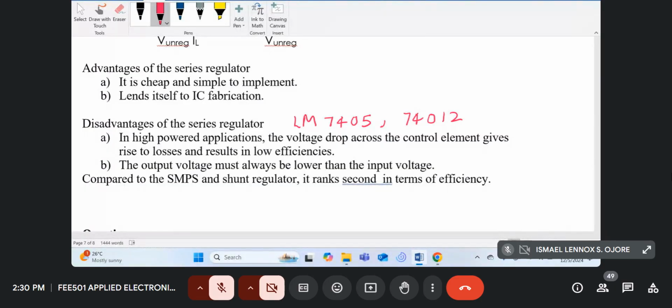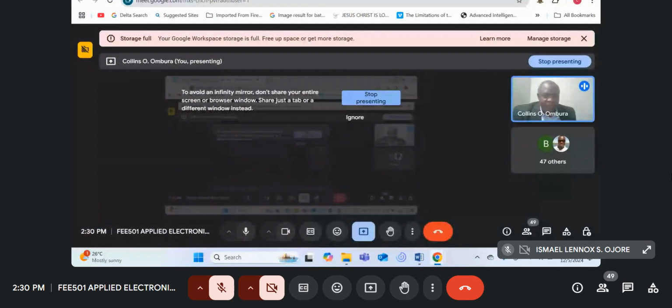In fact, you can just go to the internet and see a few of them, because you need them for your projects.